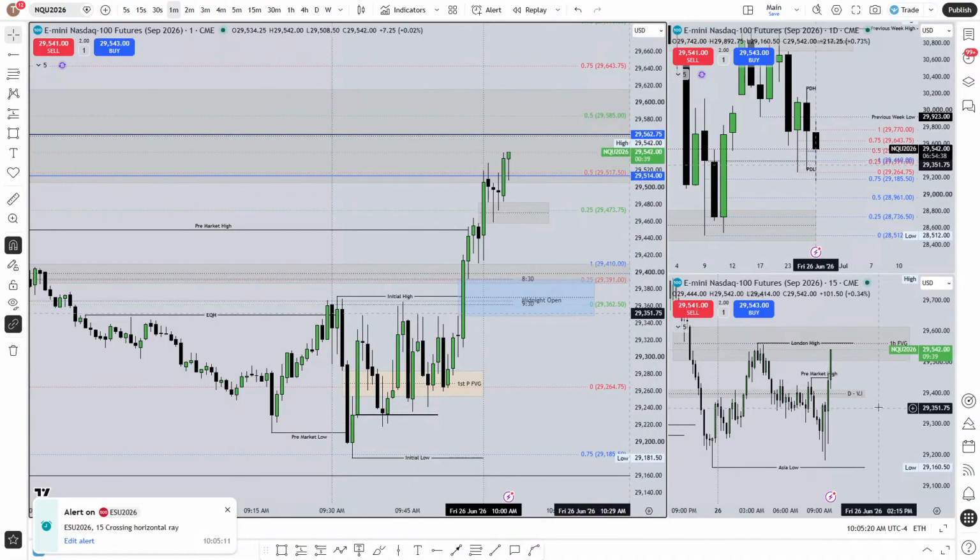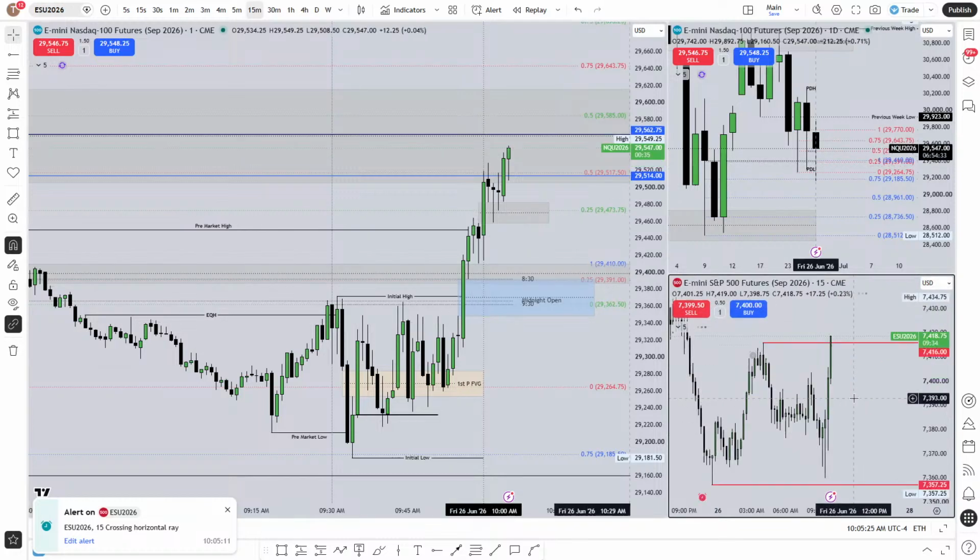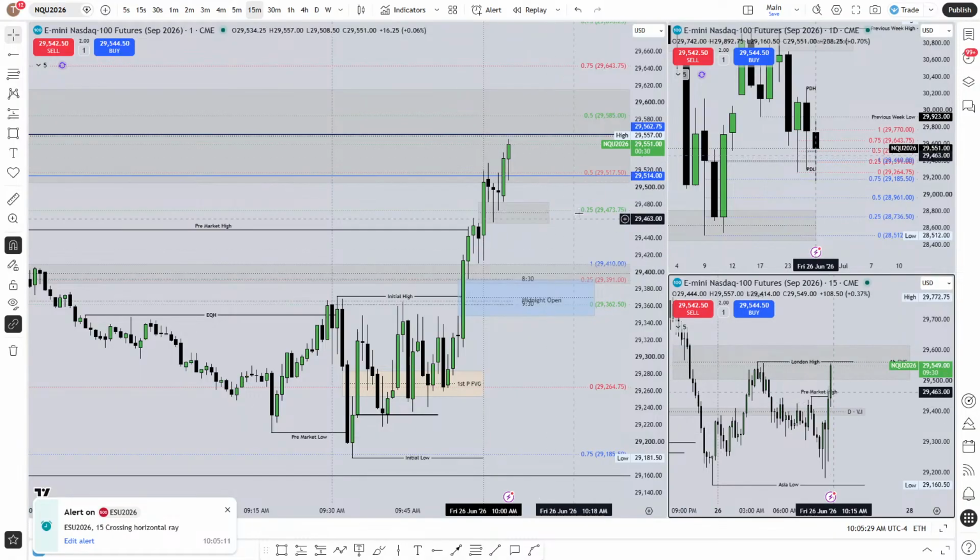All right, so I believe London, or London, ES just hit its London high. Yep, right there. See if NASDAQ can give that fall through as well.